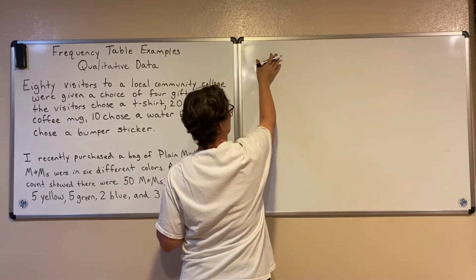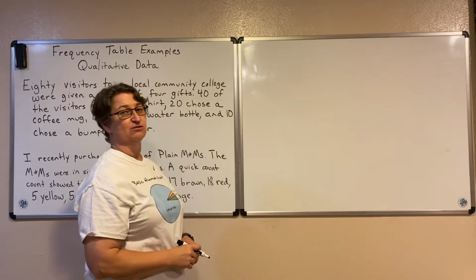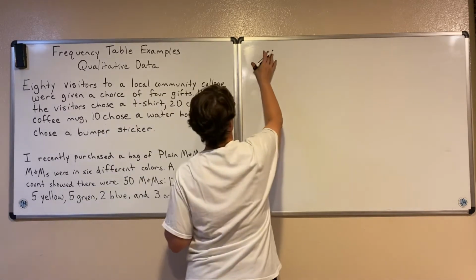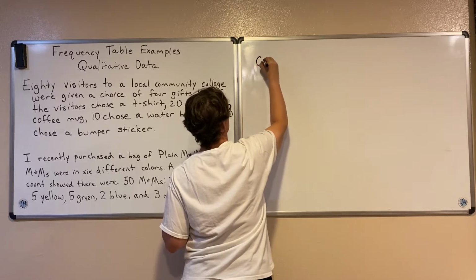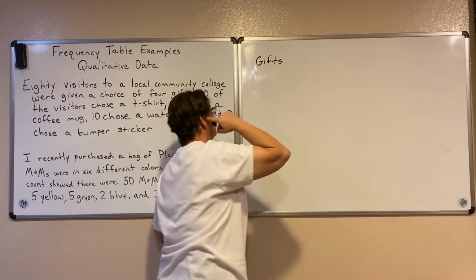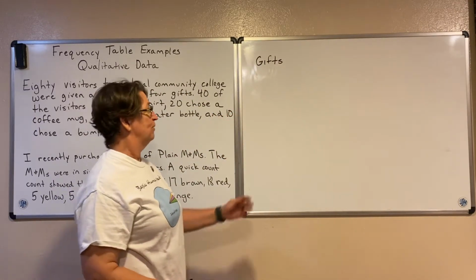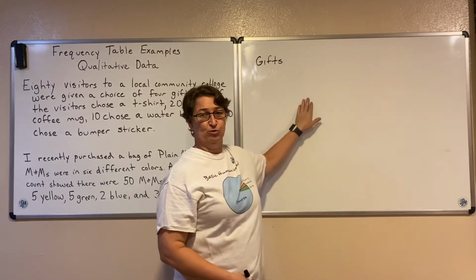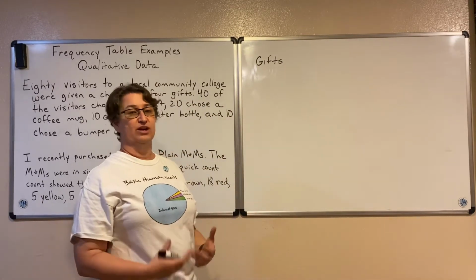And we're going to have 2 columns. The first one is going to be our categories. We call those categories classes or bins. So in this case, my categories are the different gifts. So I'm just going to label it with gifts. Then my second column is the frequency, or the number of people that chose the gift.